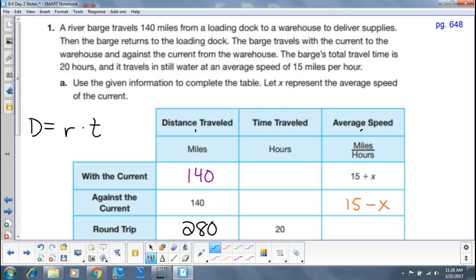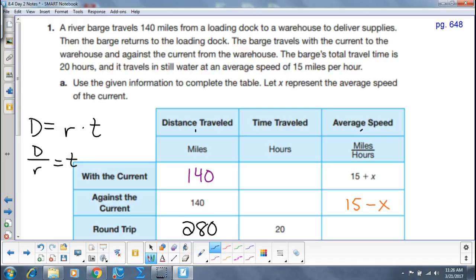Okay, so how do I figure out how much time it takes me? No. I want to solve for t, right? So I'd solve this equation for t by taking my distance and dividing it by r, right?